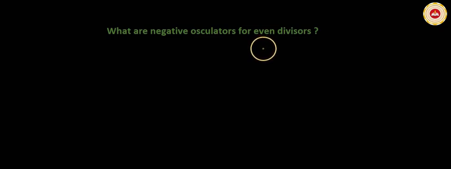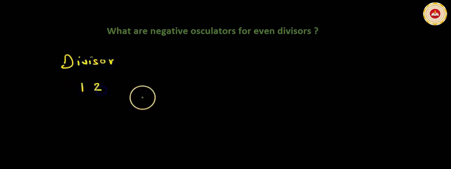See, to calculate positive osculator, we need 8 in the units place. And to calculate negative osculator, we need 2 in the units place of divisor. For example, the divisor is 12.